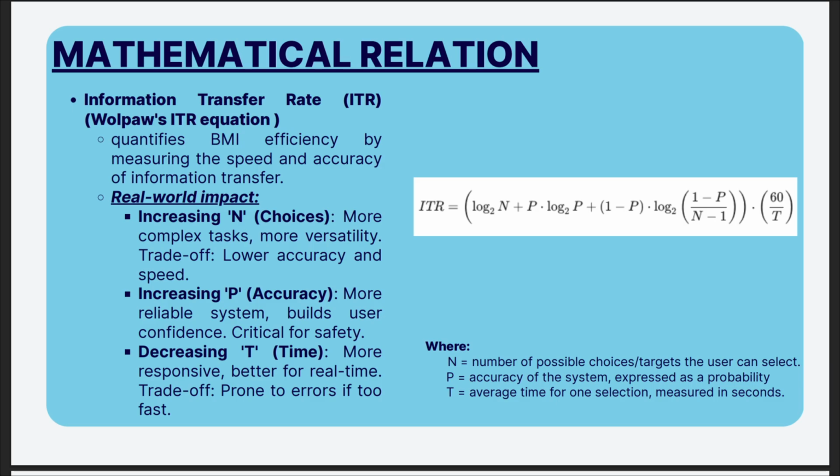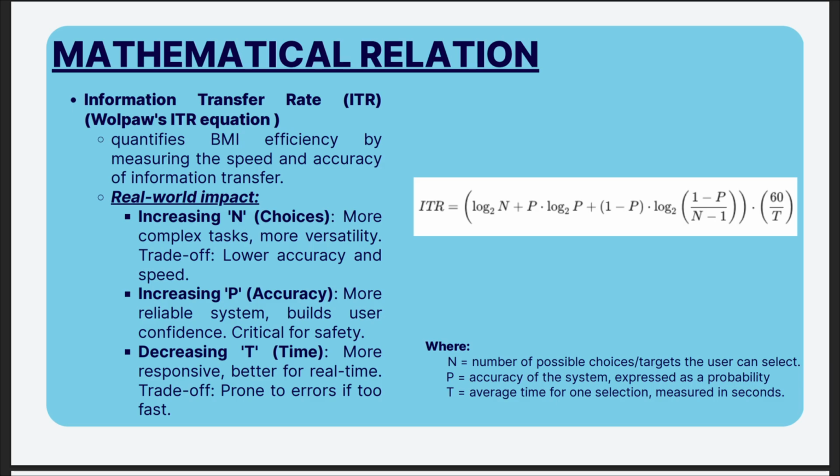If the P value is increasing, the accuracy is directly proportional to it, and it also builds user trust and confidence. This is critical for safety purposes. For example, if the user has a mechanical arm and they're trying to pick something up, they have to apply the right amount of pressure as well as the right momentum to ensure the sensitive part is not damaged while picking it up.